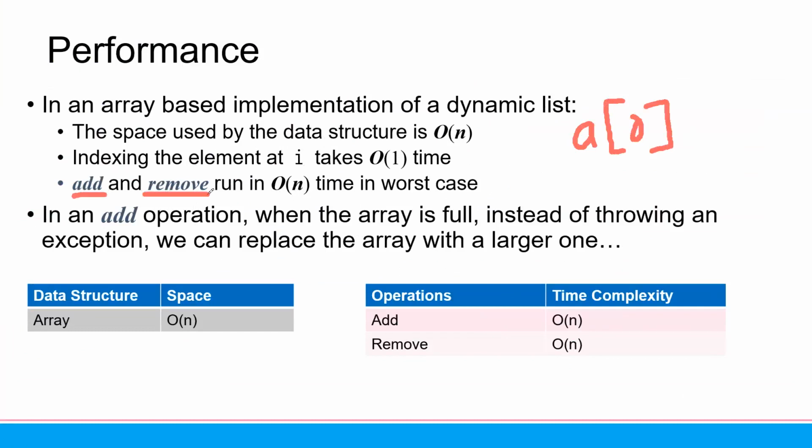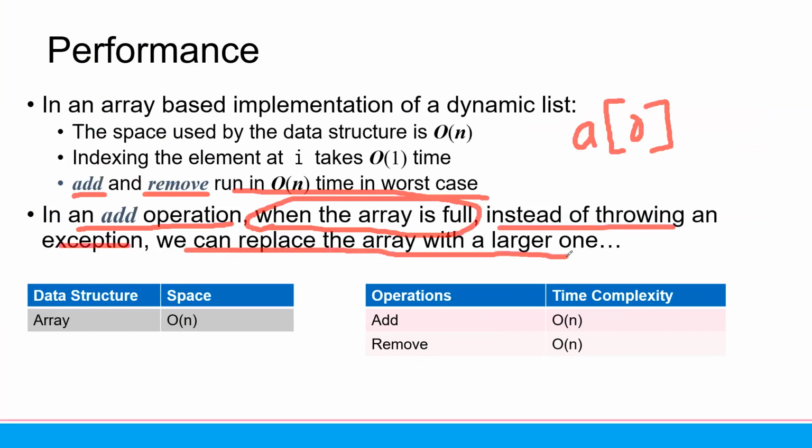And add and remove run in O(n) time in the worst case. So in an add operation, when the array is full, instead of throwing an exception, we can replace the array with a larger one.